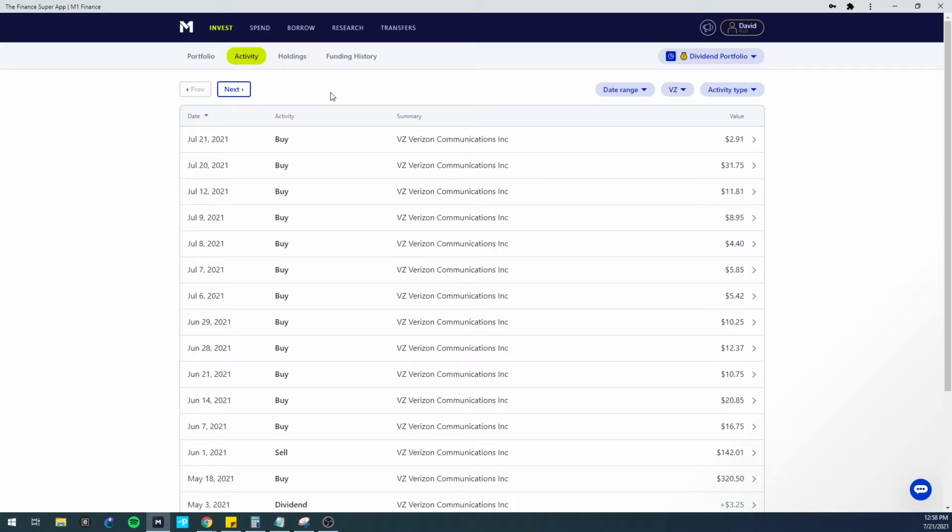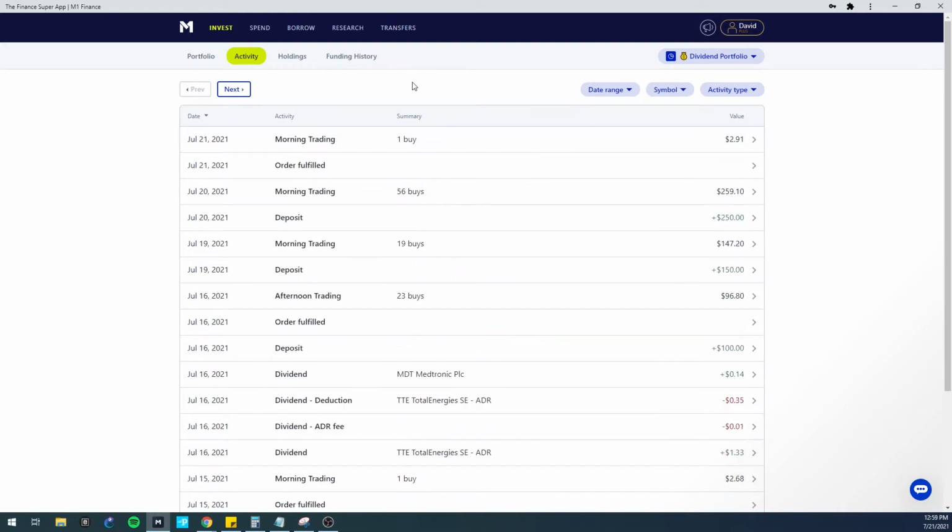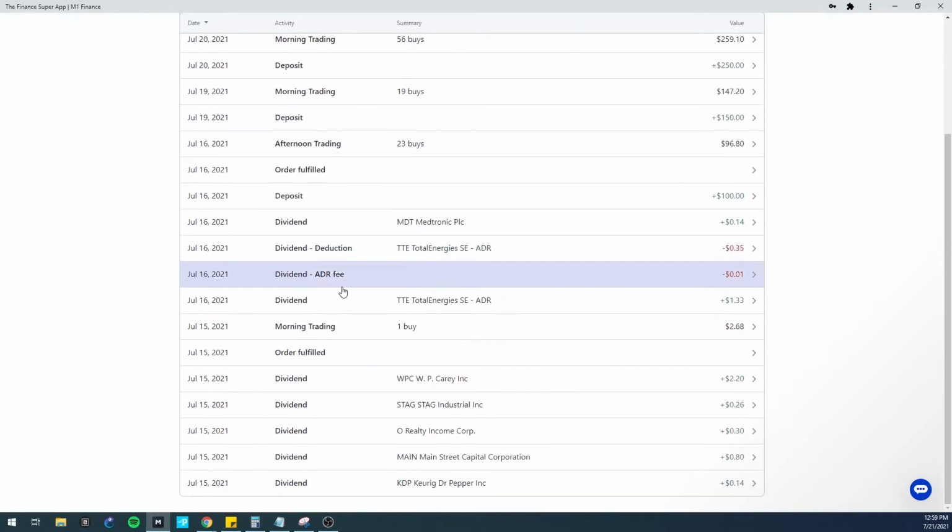Back to activities. So, activity tab. What is this showing us? The activity tab is every activity that is being done for that particular portfolio. So if you have multiple portfolios, you'll see different things happening.